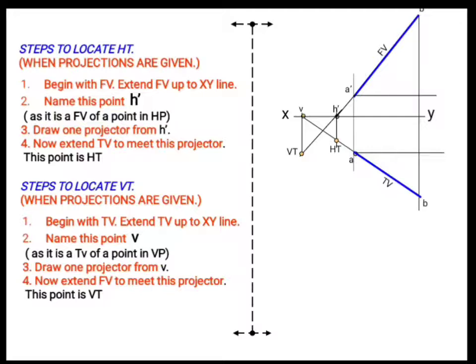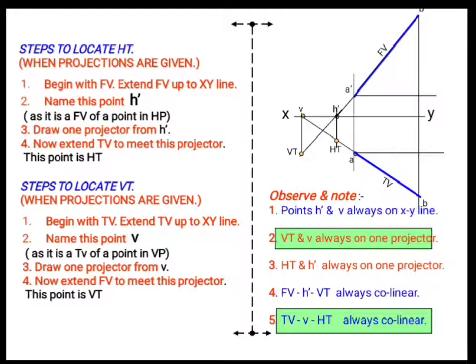Now we know how to locate the horizontal trace and vertical trace if the projections are given. Now please note down these points. H dash and V will always be on the XY line. VT and V will be on the same projector.